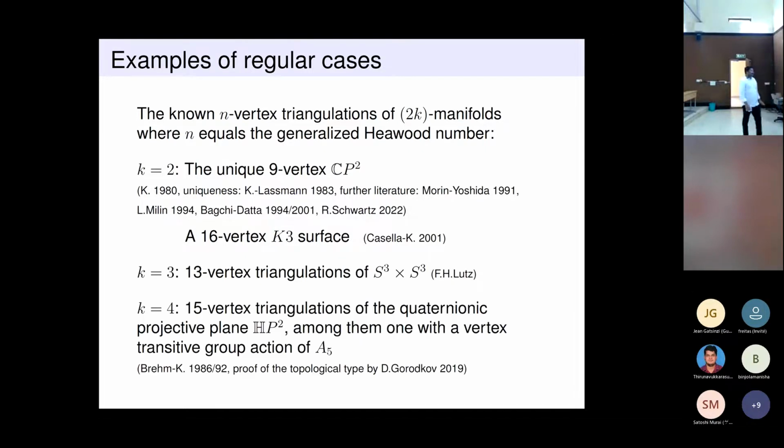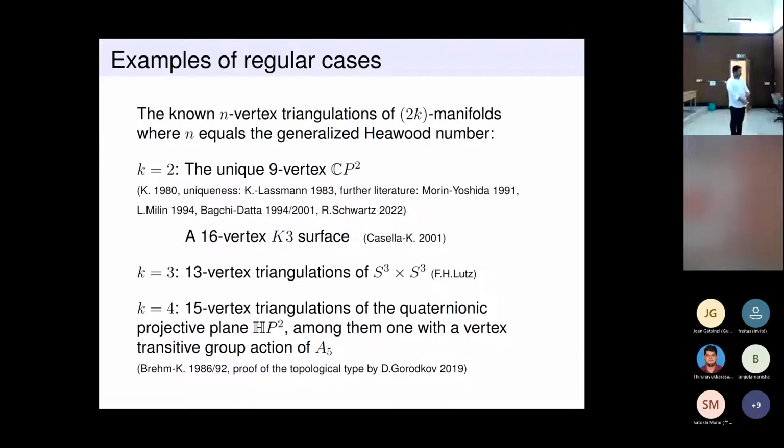For k equal to 3, that is in dimension 6, Lutz gives an example of a 13-vertex triangulation of S^3 × S^3. And for k equal to 4, that is in dimension 8, Brehm and Kühnel give a 15-vertex triangulation of HP^2.